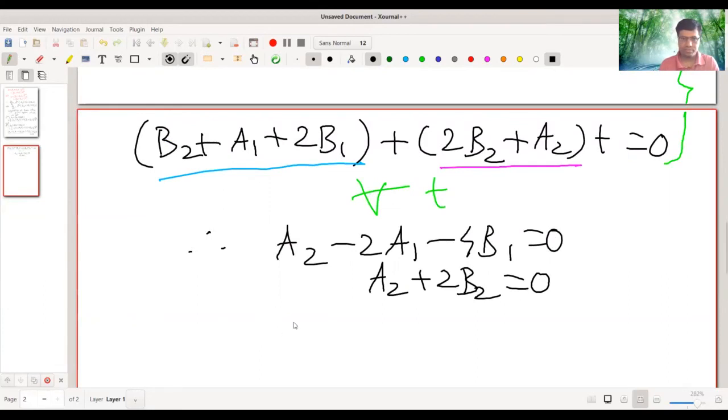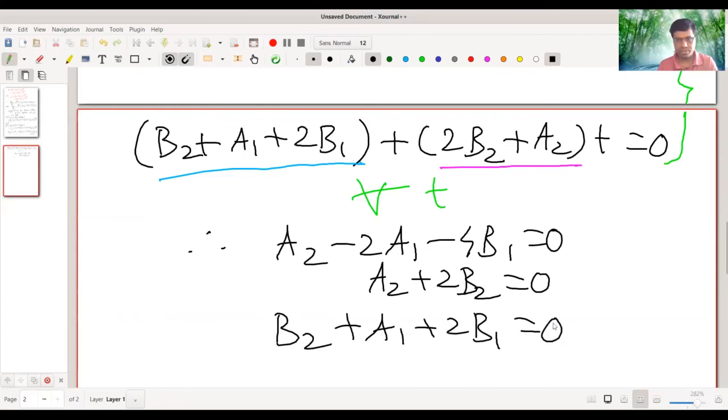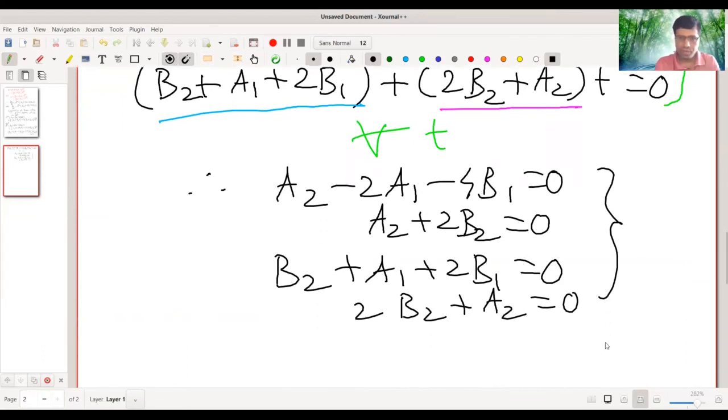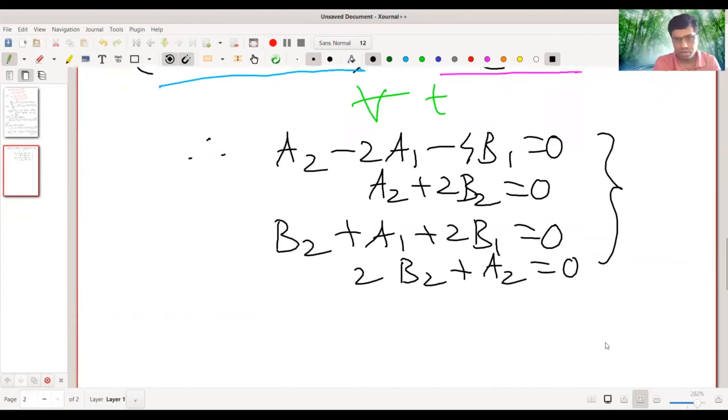Third equation, b2 plus a1 plus 2b1 equal to 0, and last is 2b2 plus a2 equal to 0. Okay, we have to find values of a2 and b2 from these.